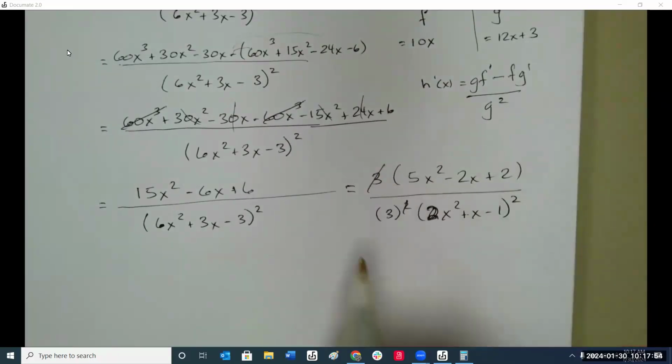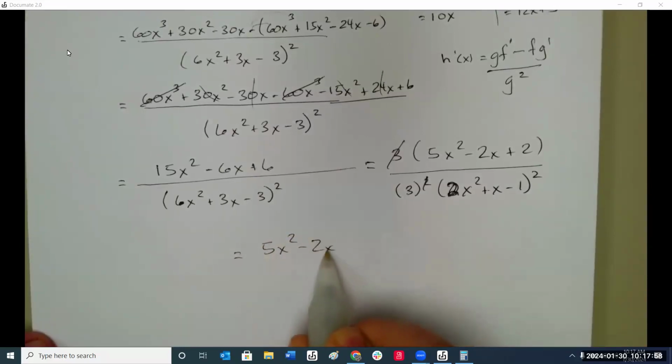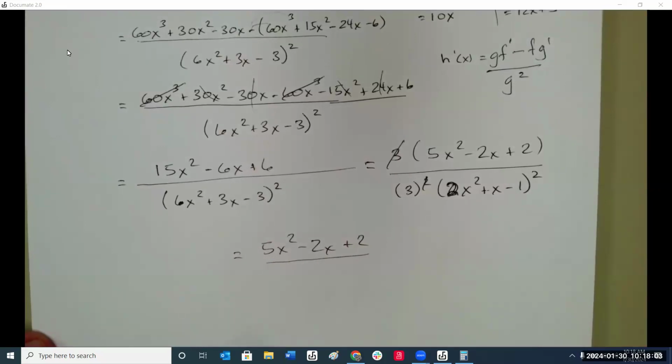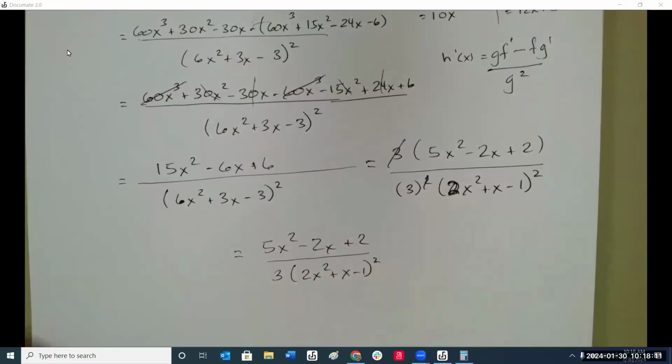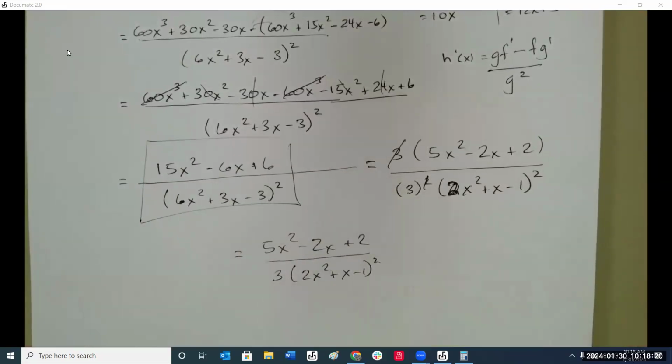So one of the 3's cancel. So we would get 5x squared minus 2x plus 2. It doesn't really save you that much time. So that's why they left it as this, because instead of having a coefficient out there. But I will take any of the answers.